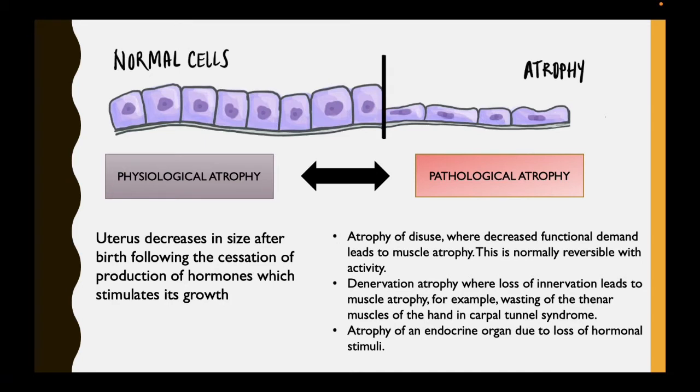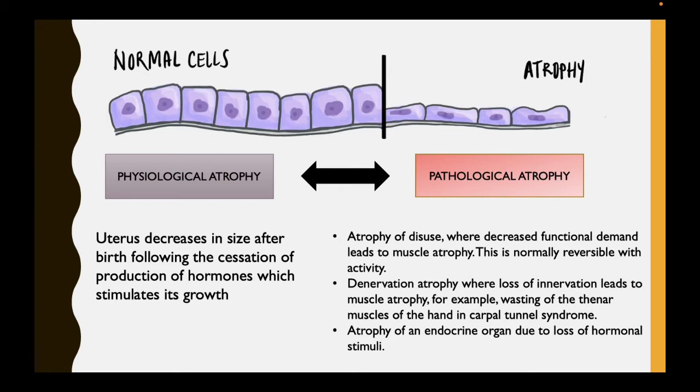And we also have a number of hormones that play a role in increasing the size of these cells. Now, after birth, the uterus doesn't need these increases. They don't need the increased size in the cells in order to support anything because the fetus has already come out. So, this is an example of physiological atrophy.